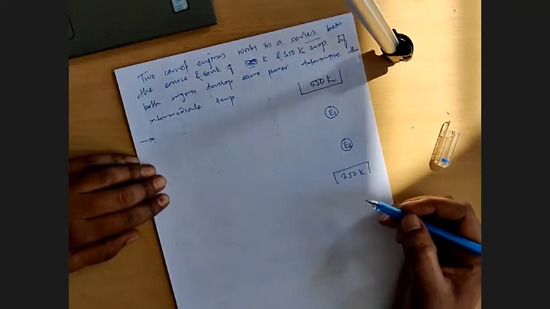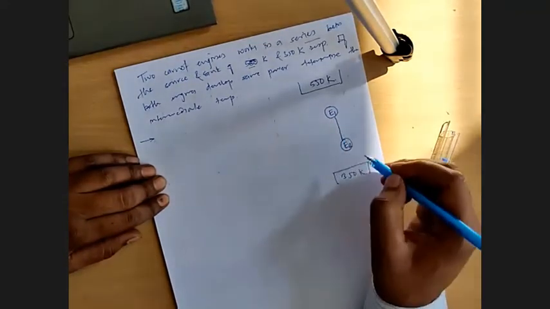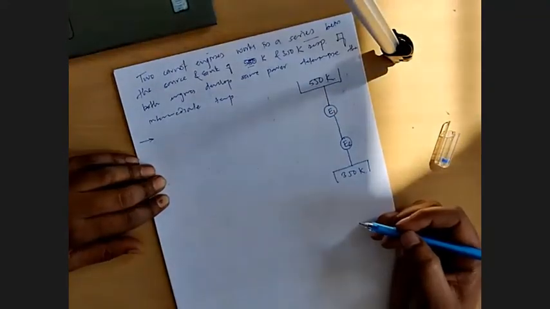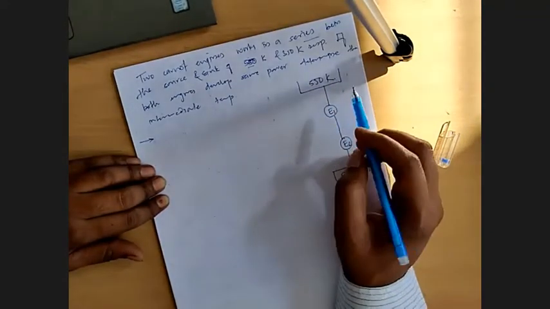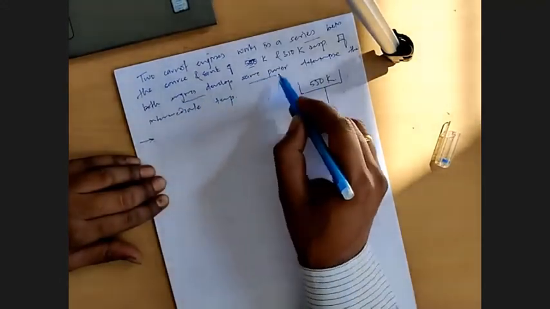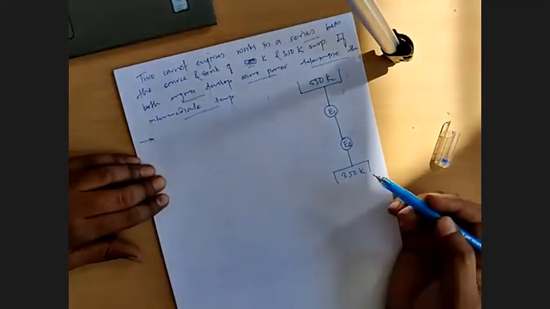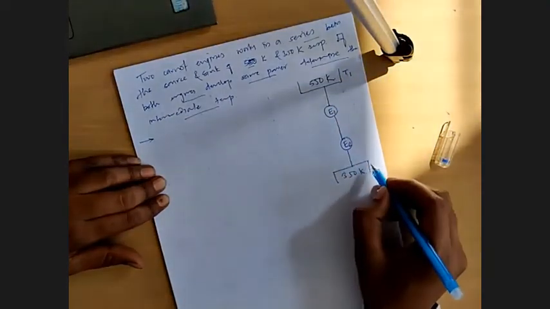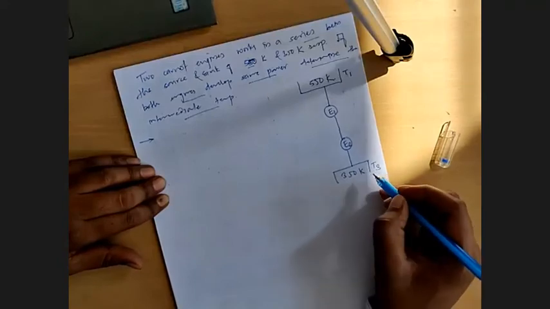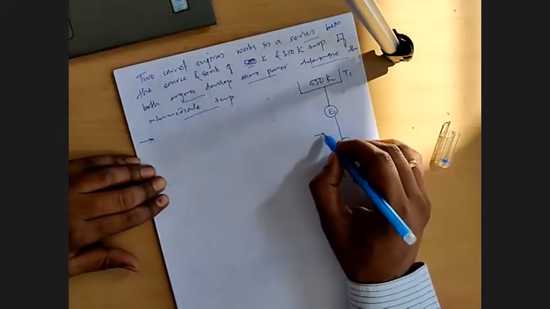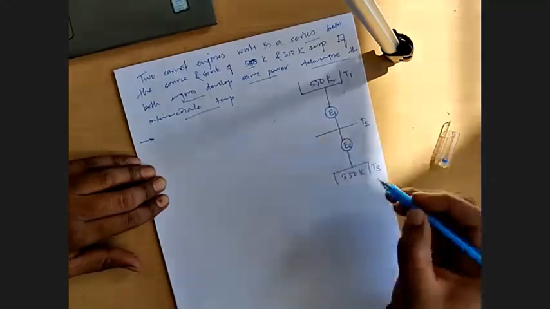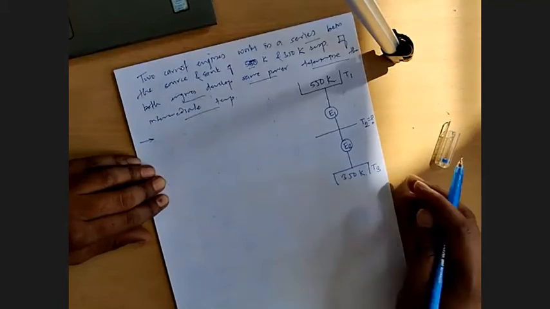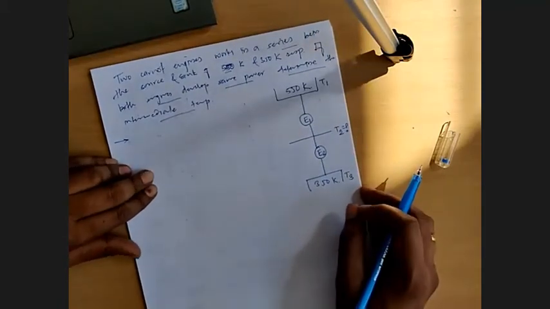Those two engines are working in a series. Now, if both engines develop same power, determine the intermediate temperature. So if I consider this one as T1 and this one as T3, here it is going to be temperature T2, and this T2 has to be calculated. That is unknown thing that we need to calculate.